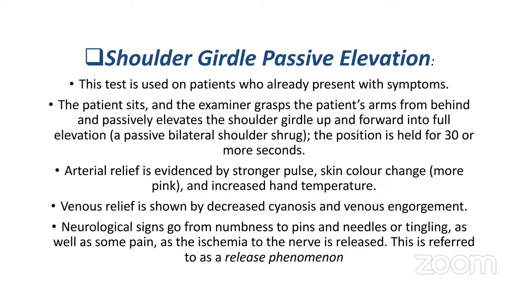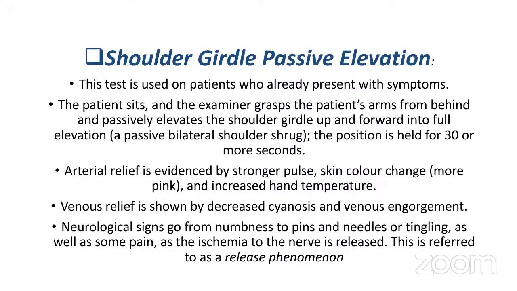Venous relief. We had seen earlier, if the subclavian vein is involved, what happens? The part is warm, then cyanosis is there, venous distension is there, and any other symptoms of veins. So you can see that if venous relief is there by this test, there is a decrease of cyanosis and venous engorgement.